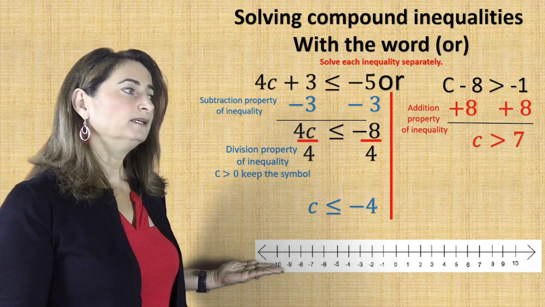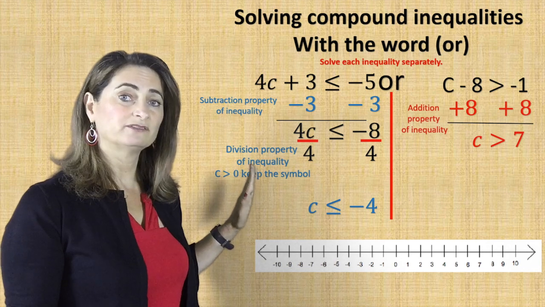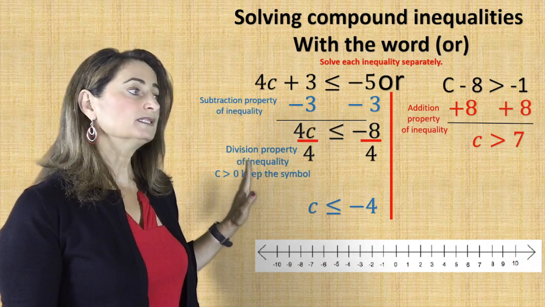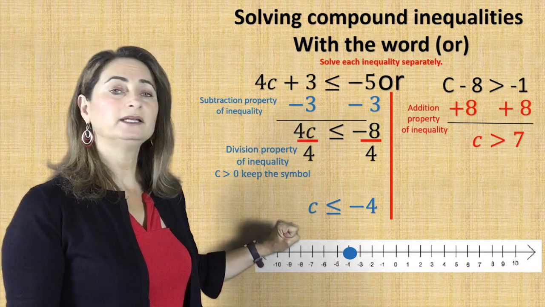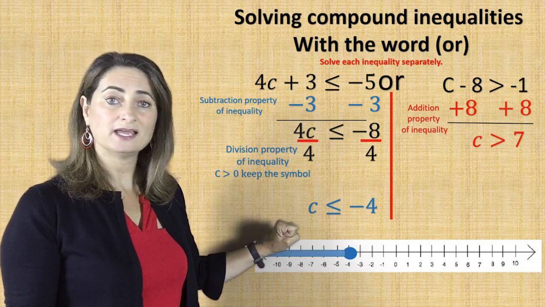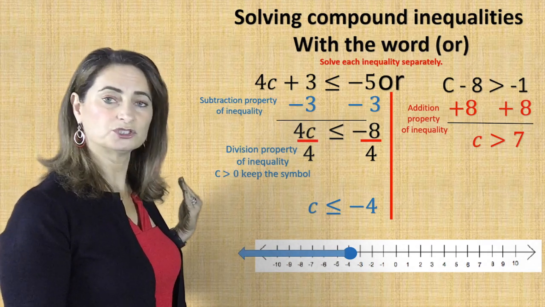Put up the number line. Let's start with the blue, or the left side, first because you have to graph each one separately. Since -4 is a solution, use a closed circle on -4, and I need all possible solutions less than -4, so all numbers less than -4 are a solution to that part.